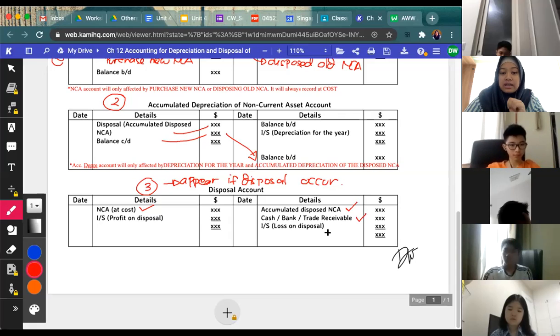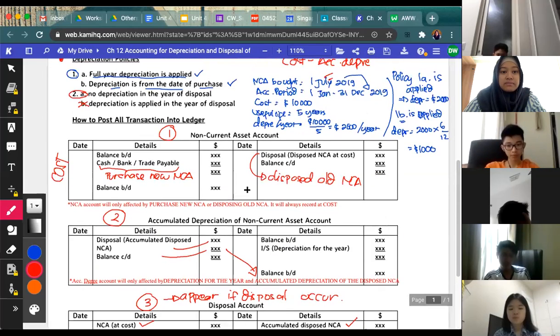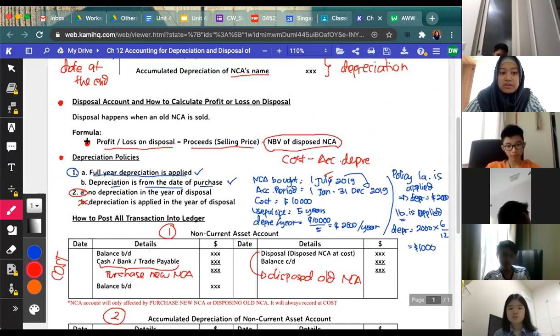And then the second one is the profit or the loss. How to calculate profit and loss? Again, profit and loss will be calculated by proceeds minus NBV, and NBV is cost minus accumulated depreciation.